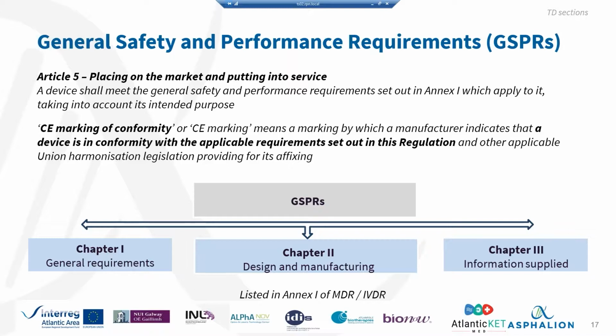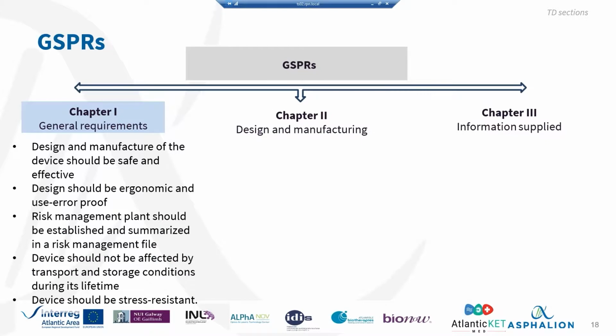We've got three different sections: Chapter 1, Chapter 2, and Chapter 3. First, we'll talk about Chapter 1, which covers general requirements. Here we will have points such as that the design and manufacture of the device should be safe and effective. This is applicable to all kinds of devices.